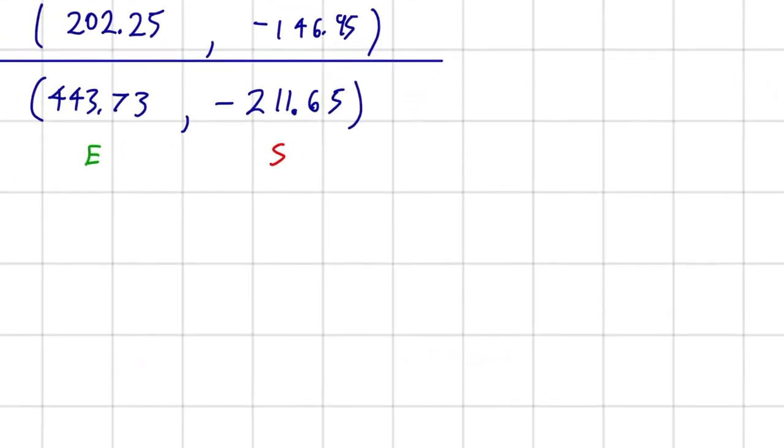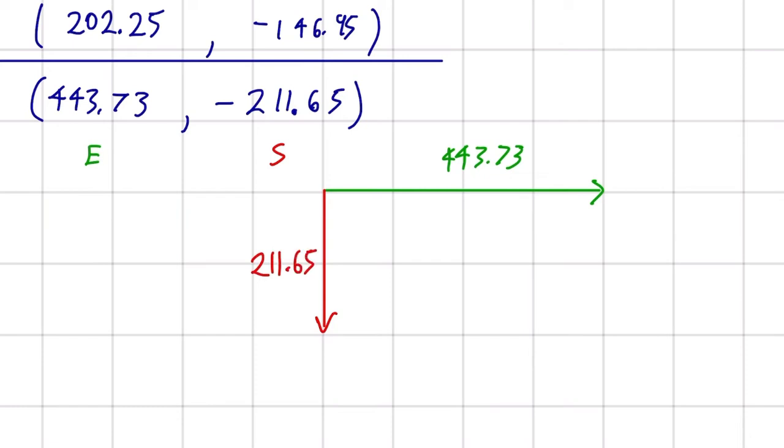All right, let's sketch out this vector. We're going to be going 443.73. That's in the east direction. And then in the south direction, we have 211.65.